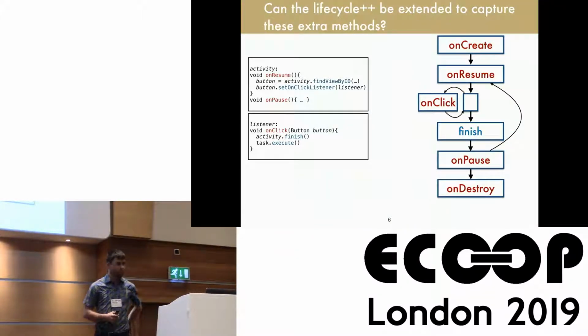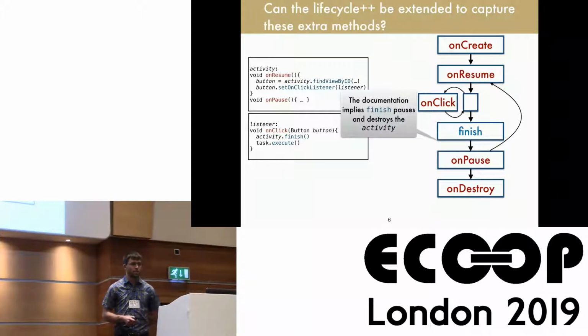And so can we actually extend this lifecycle to include finish behavior? If you look at the documentation, it implies that finish will cause the pause and then a destroy, which is equivalent to getting rid of this current screen that you're looking at.